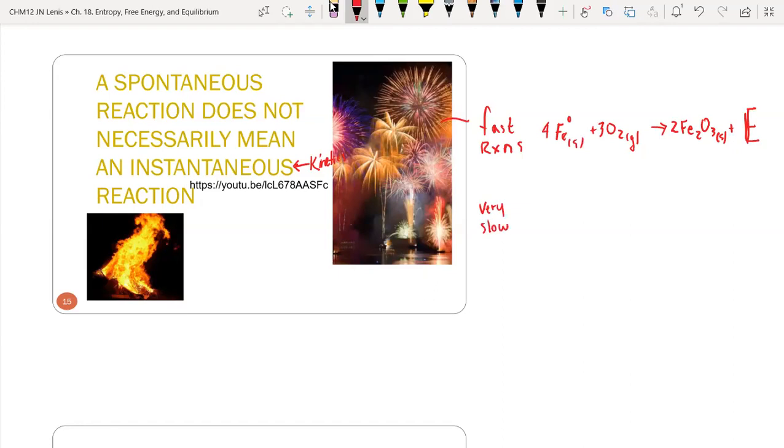The same reaction in a different condition that goes slow is called rusting, which is the oxidation of iron.